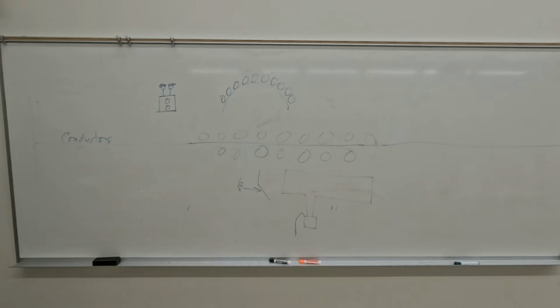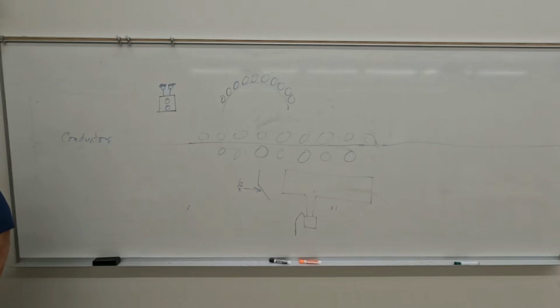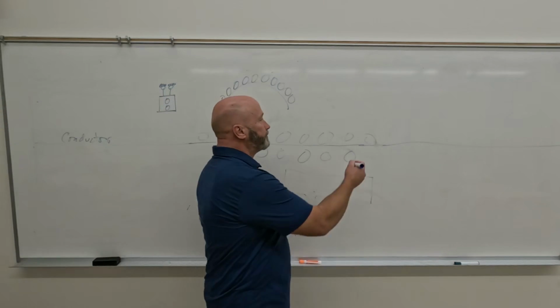Then let's see, another thing that we didn't really talk about was Ohm's law. We talked about the different types of circuit, parallel and series circuits. I didn't really talk about Ohm's law, but Ohm's law is just a mathematical equation, V equals IR.